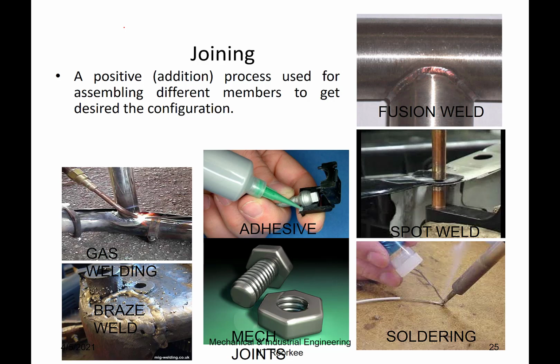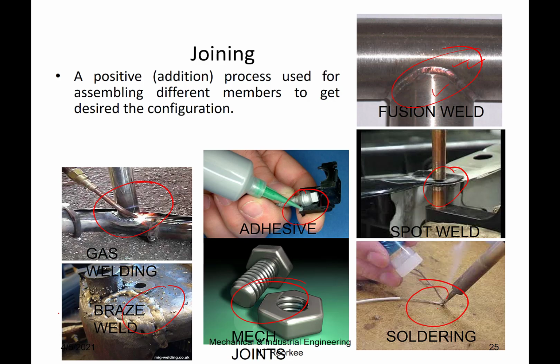Joining is another. You use simple shapes to get the desired product, which can be in the form of fusion welding using gas, adhesive, spot welding, soldering, mechanical joint or brazing.